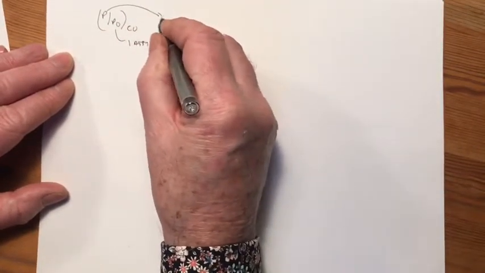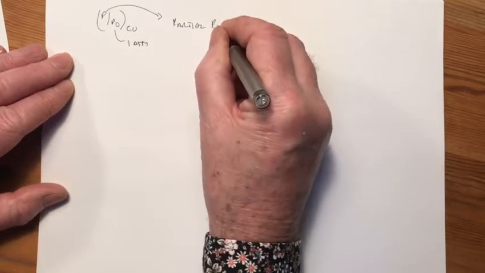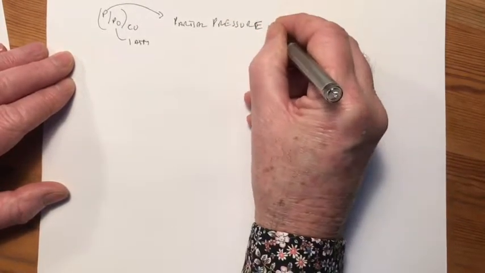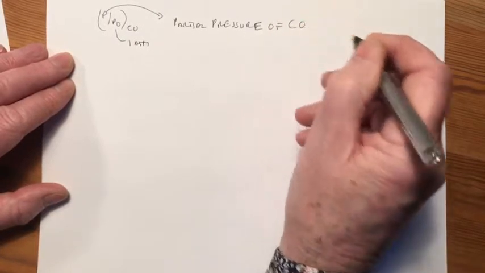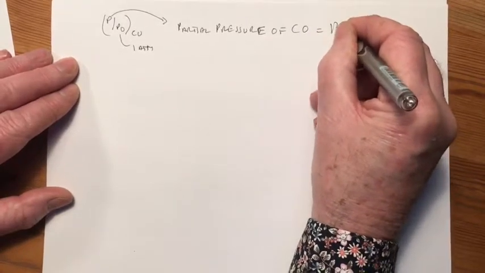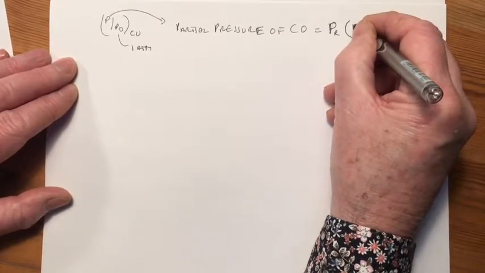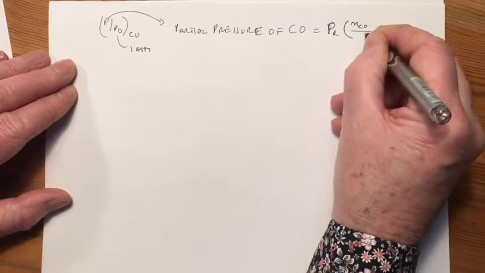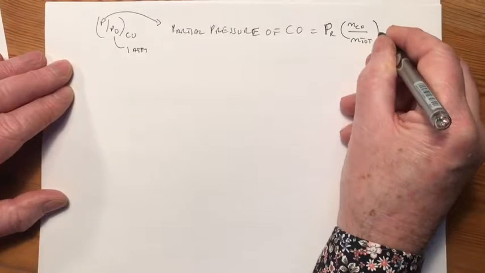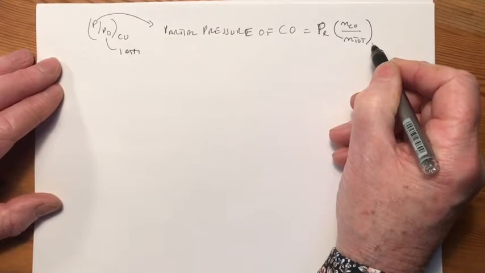This one here is equal to the partial pressure of CO. And the partial pressure of CO is equal to P reaction multiplied by the number of moles of CO divided by the total number of moles in the composition that we have.